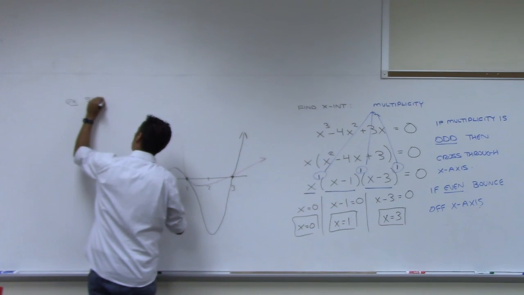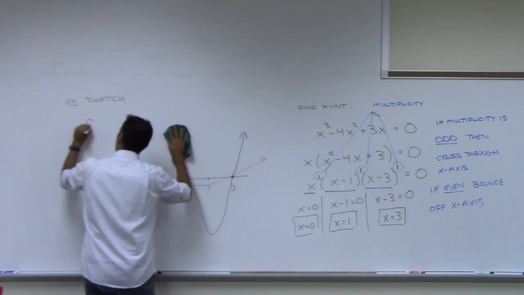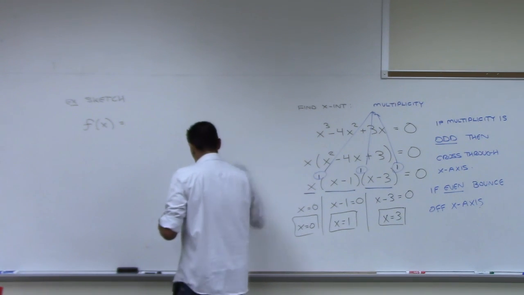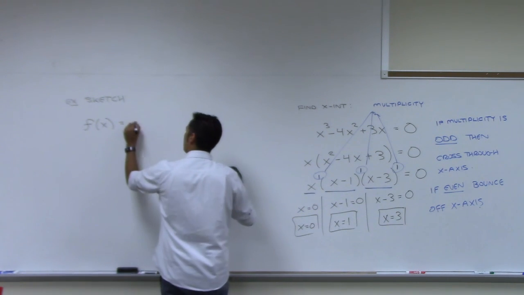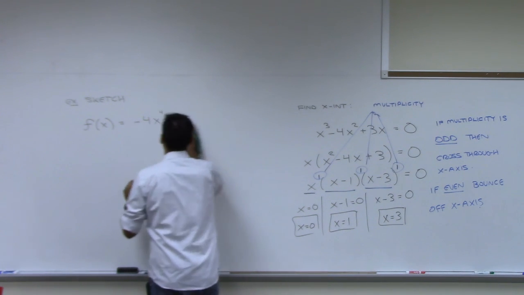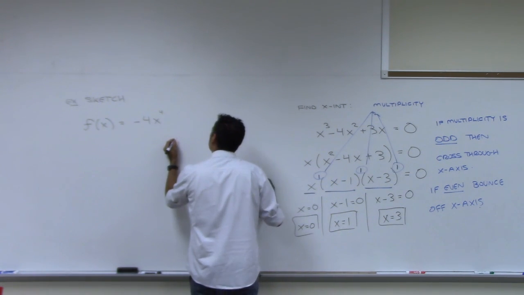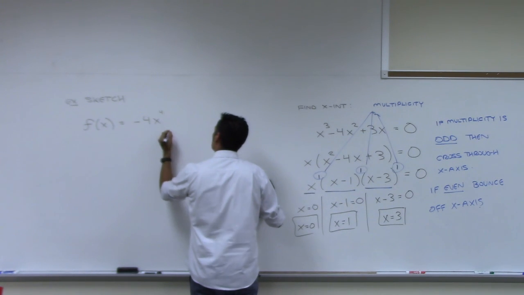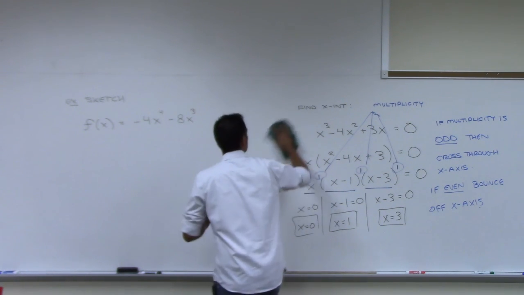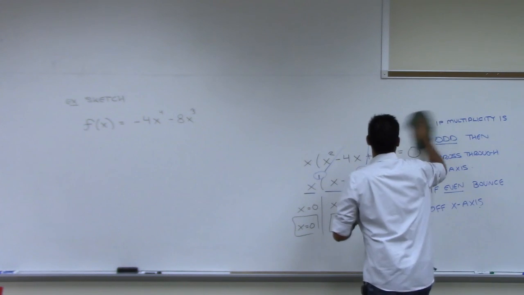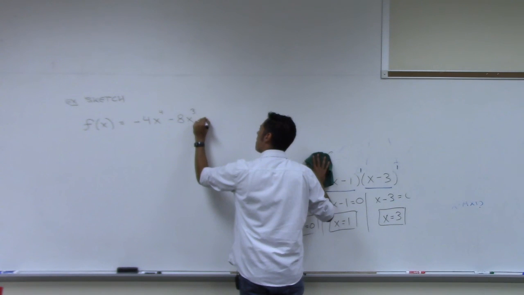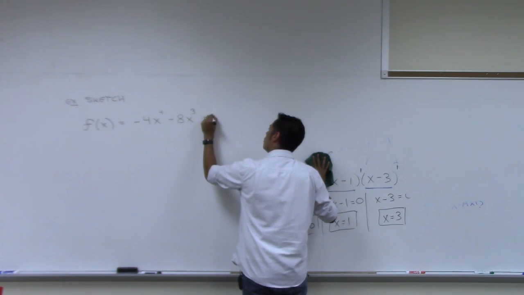we're going to sketch f of x equals negative 4x to the fourth minus 8x cubed plus 32x squared.